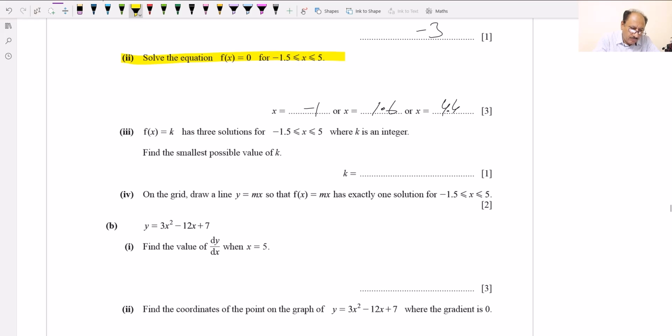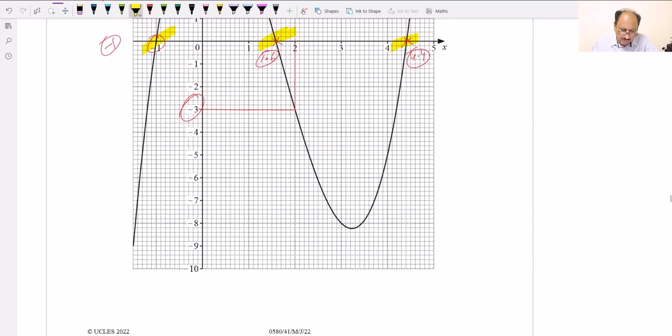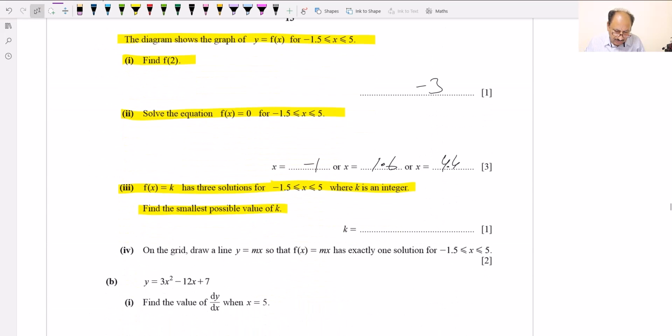Now for part 3, they are saying f of x is equal to k has three solutions, where k is an integer. Find the smallest possible value of k. Smallest possible integer, basically.